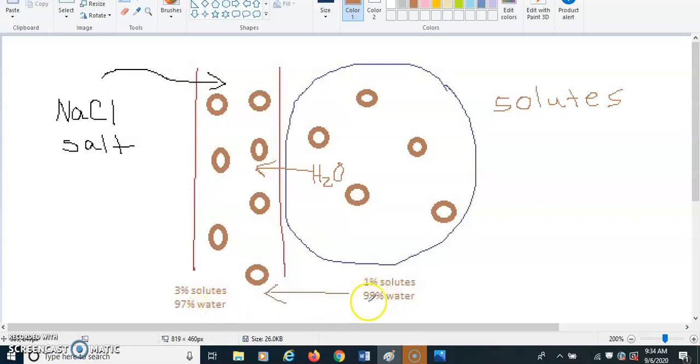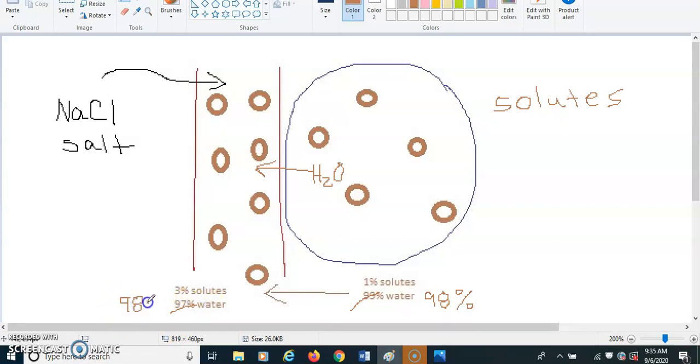So let's say we have water moving in this direction and 1% of it moves. That would cause this to go to 98% because it's losing water, and then gaining water over here, so that'll also go to 98%.